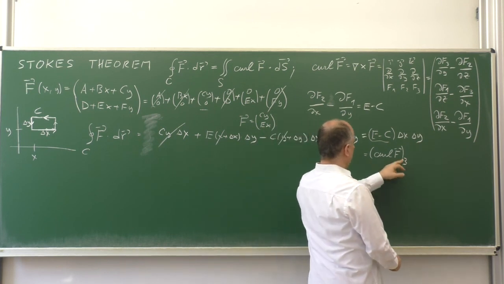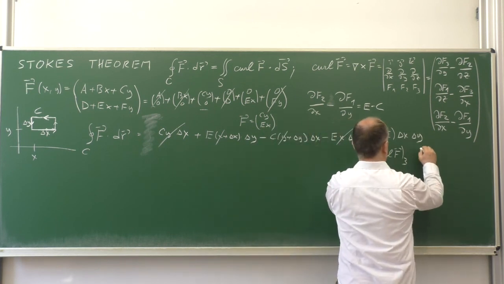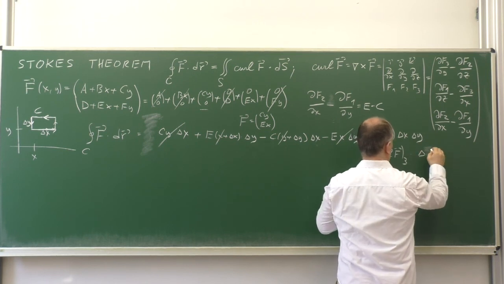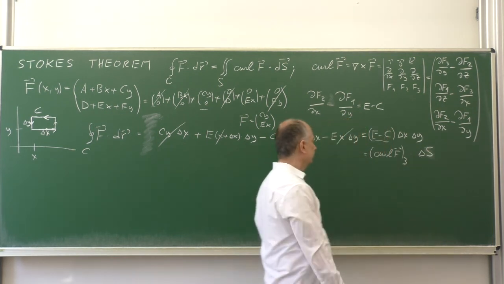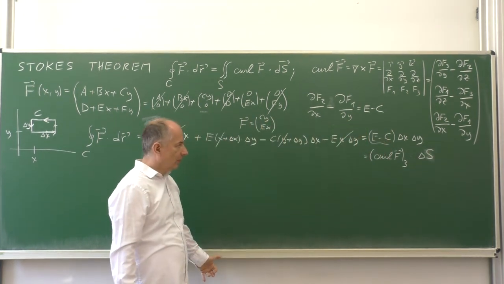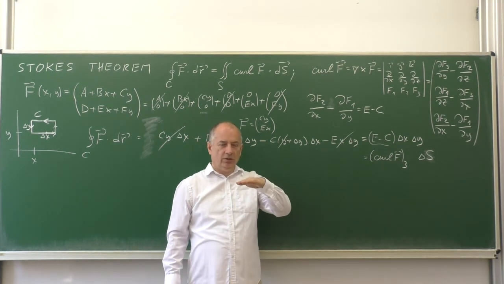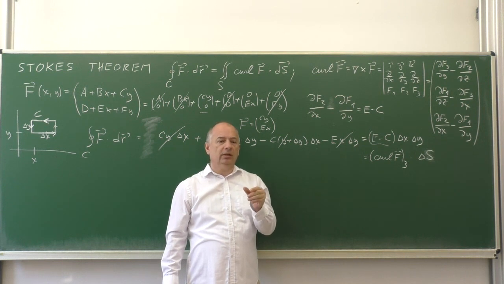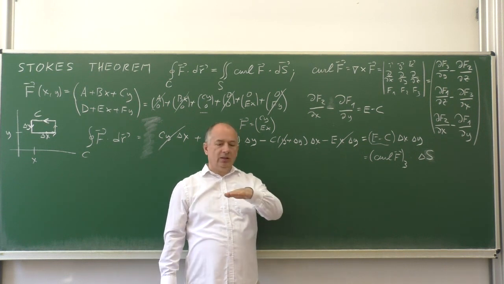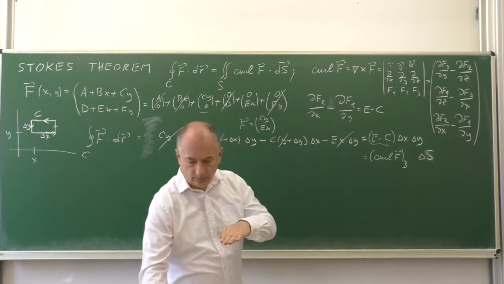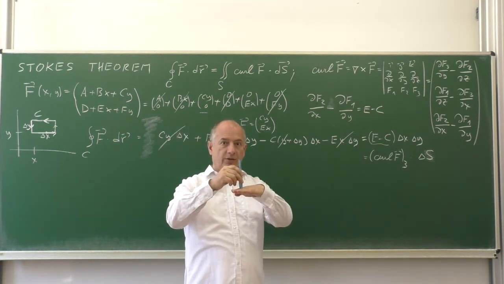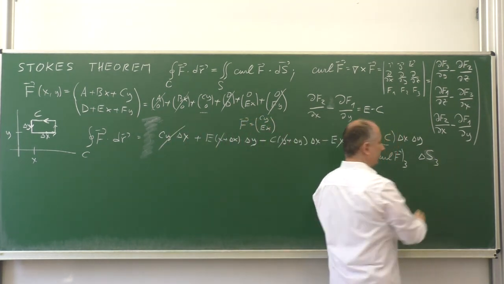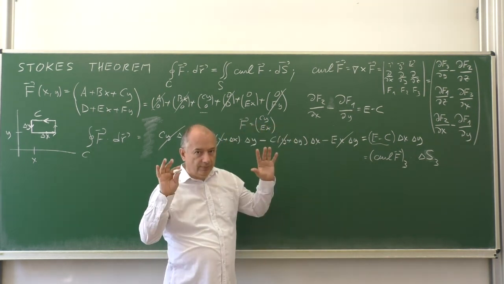So this is the third component of the curl times delta x delta y, which is some area, let's call it delta S. And if we consider the oriented surface element, then delta x delta y has the normal in the z direction. So we could call it delta S3, the third component of some vector.